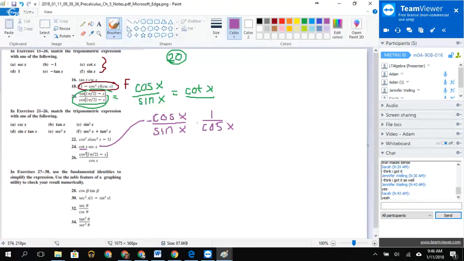Then I can cross off my cosines of x, and I get 1 over the sine of x, which is a simpler function, but we call this reciprocal relationship the cosecant of x. So the cotangent of x times the secant of x is equal to the cosecant of x. I think I just said that right. Okay. Fun stuff, right?